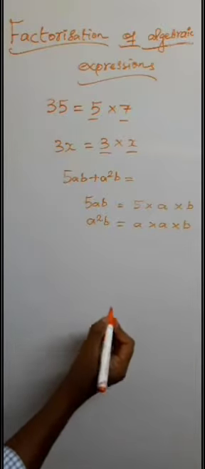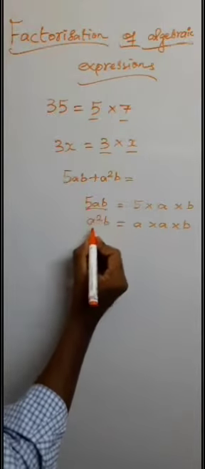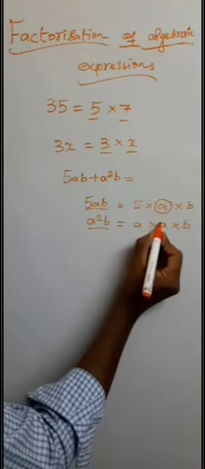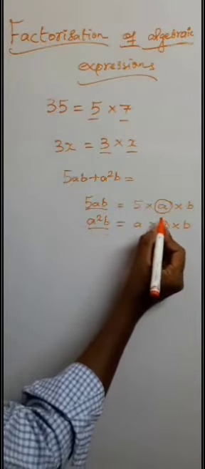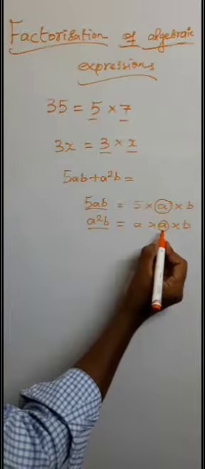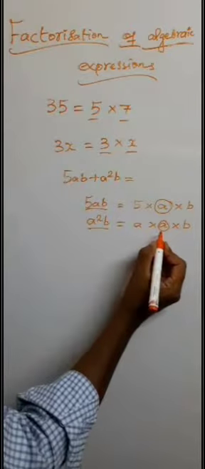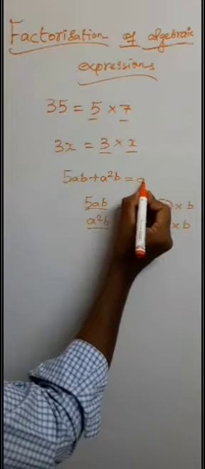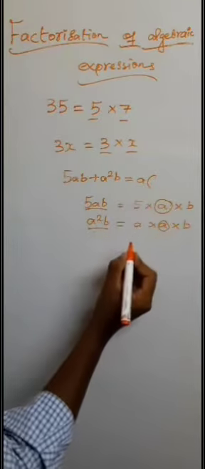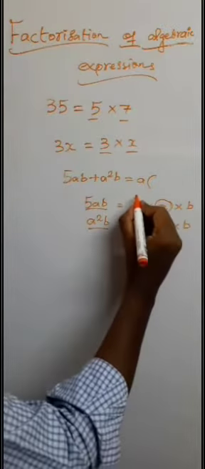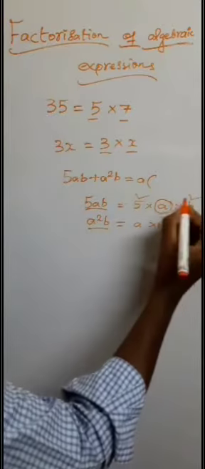Let us find out what is the common factor between two terms. A is the only common factor. So take a outside. In first term we have 5 and b.